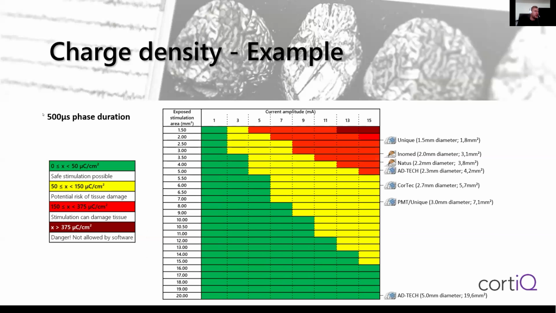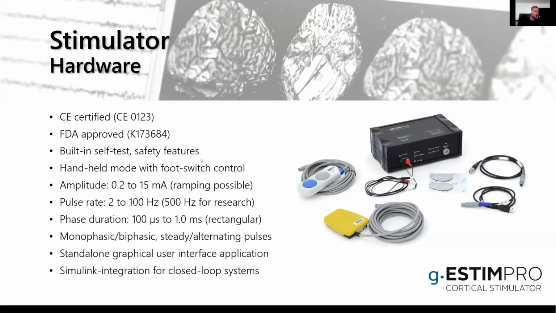If we now increase the phase duration, so the area of the pulse gets bigger, then we see an area where we should not or cannot, by the device settings, stimulate anymore. This is already prohibited and blocked by at least our stimulator, so you're sure that you're good and safe.